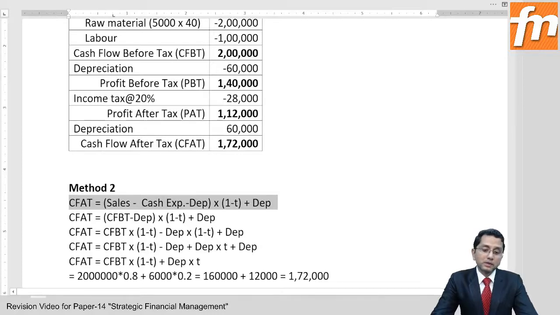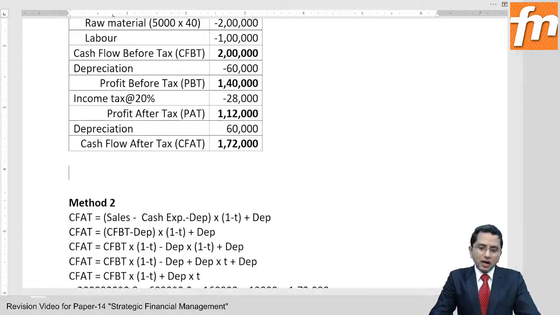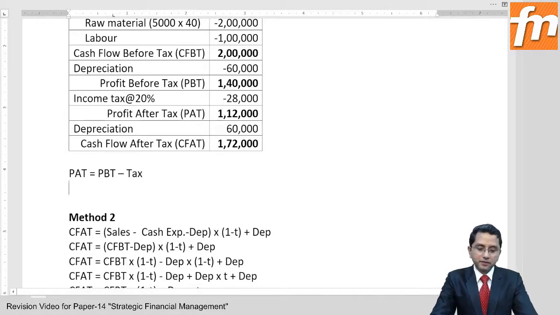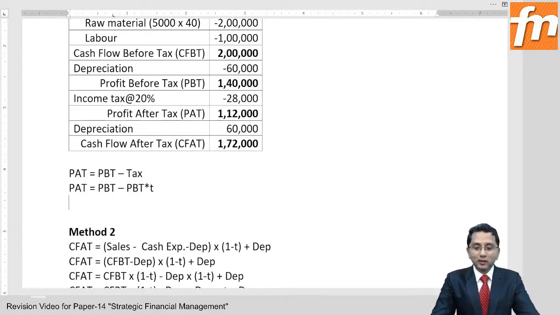Now let me tell you, PBT into 1 minus tax rate is PAT. How? That's very simple. So PAT is equal to PBT minus the tax. So PAT is equal to PBT minus PBT multiplied by tax rate. This is how you calculate tax.